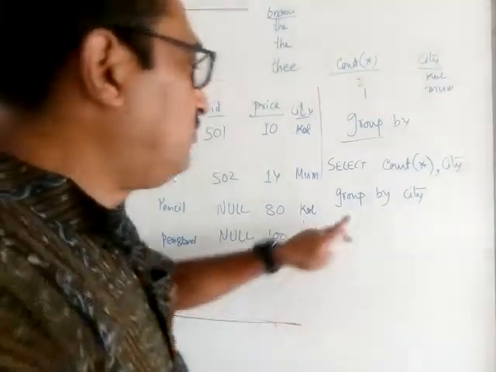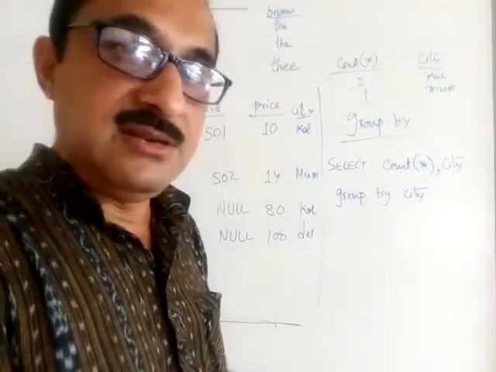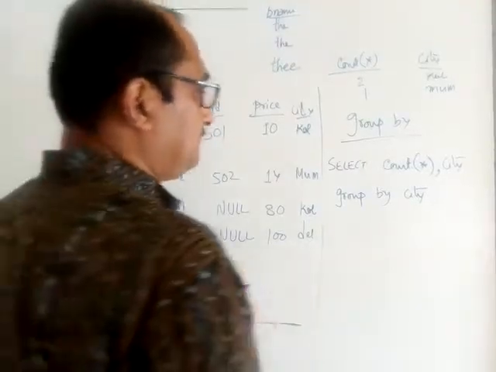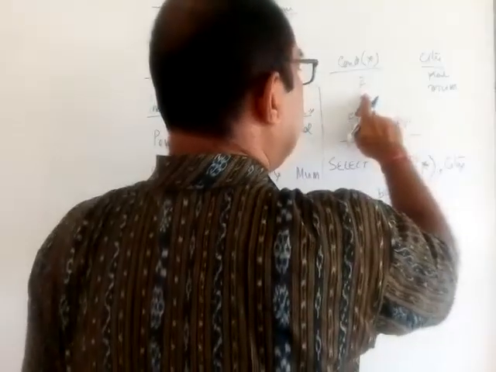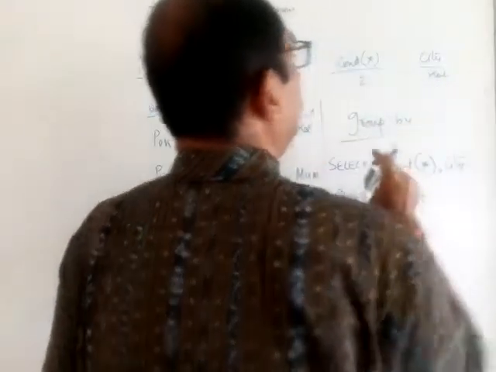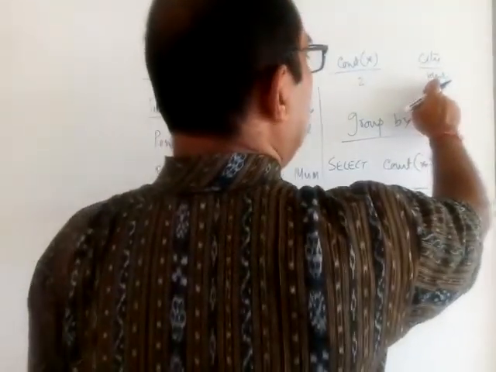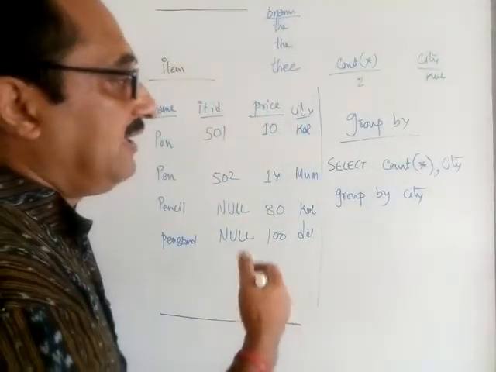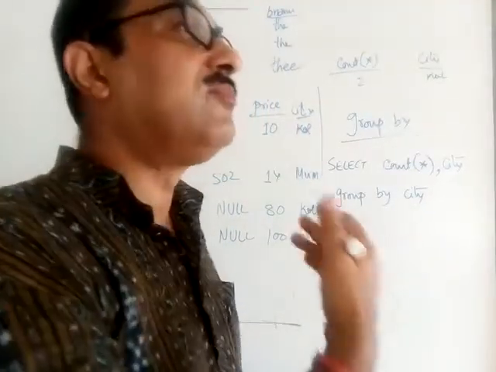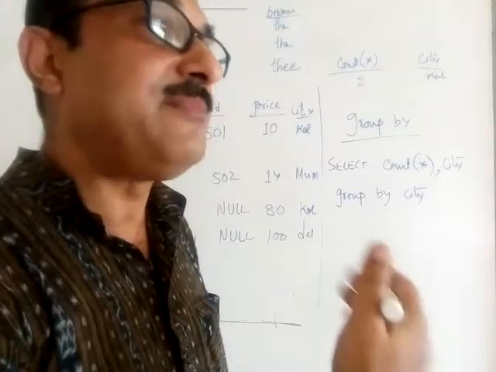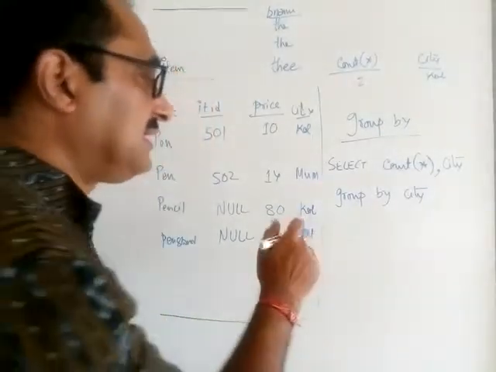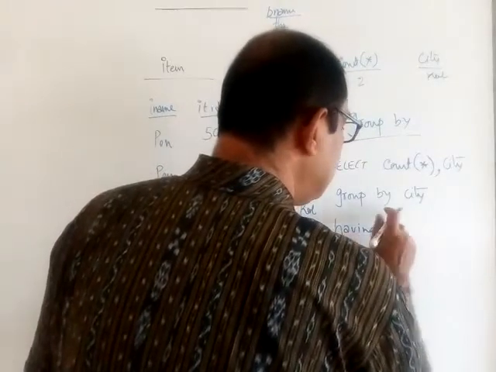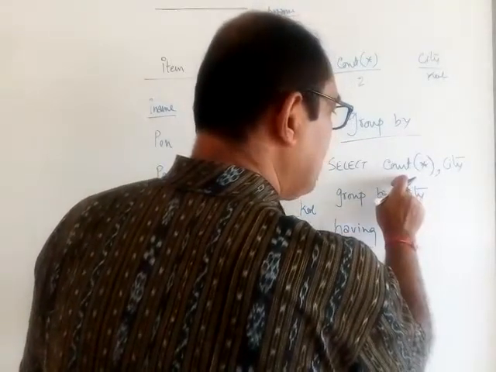Now you know with a group by, if you want to put a condition, then you use the having clause. Okay? So if I want to see only the city values and the count, where the count is 2 or more than 2, that means the city name has appeared more than twice. In that case, you can say having, because I don't want to see all the cities and the corresponding count.